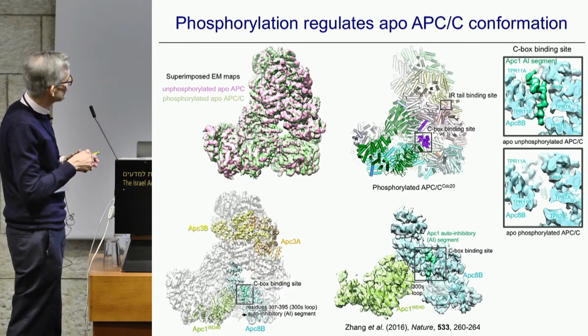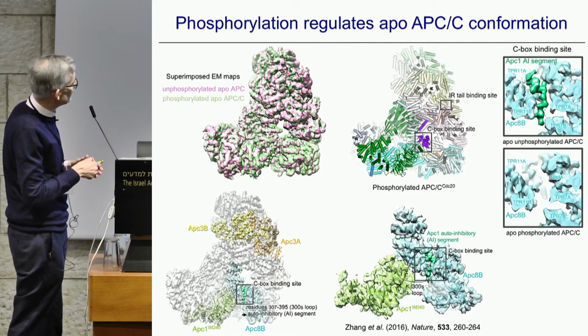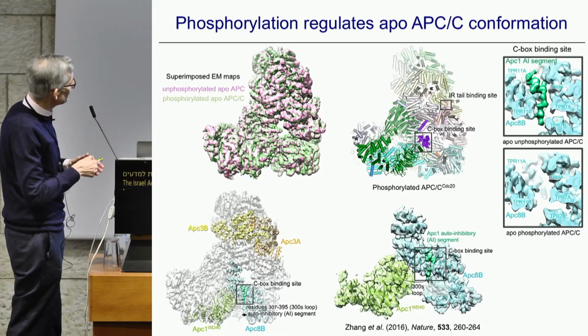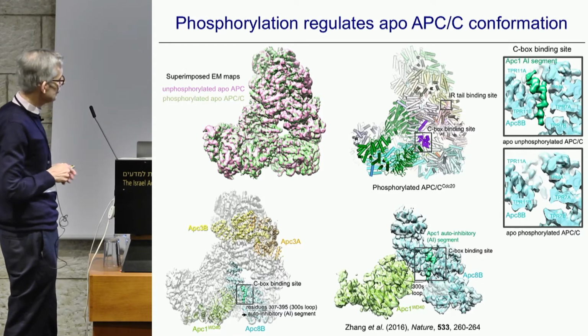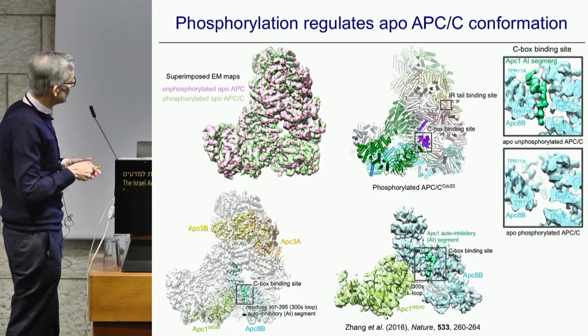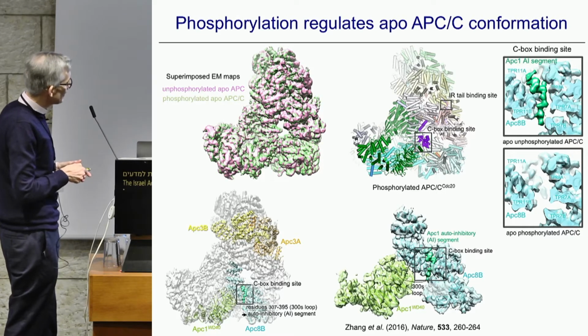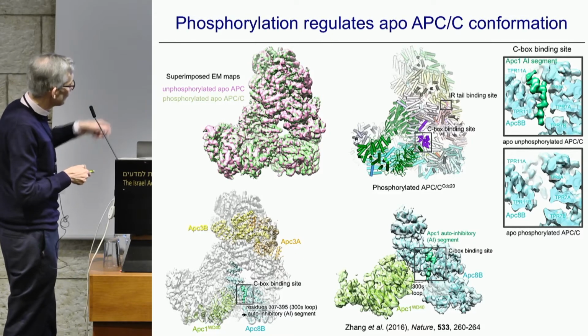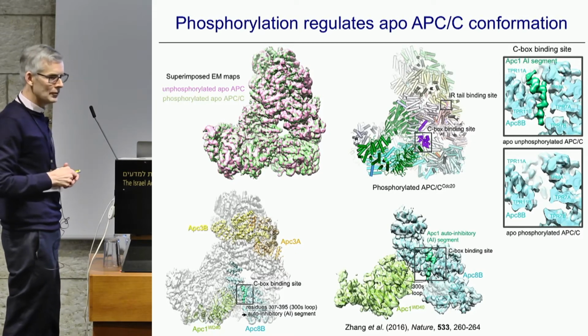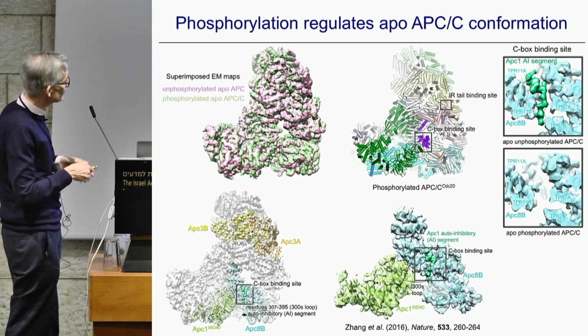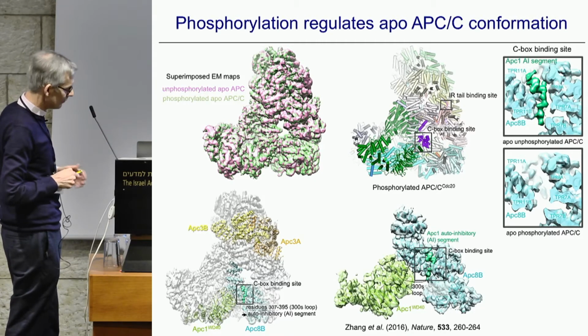So this again shows the C-box binding pocket in the APC-CDC20 complex, which is phosphorylated. And this pocket here is now occupied by additional density in the unphosphorylated apo APC structure, but not in the phosphorylated structure. And the proximity of this C-box binding site to the WD40 domain of APC1 and to this very long loop called the 300 loop suggested that this density might be a region of the 300 loop, which could then bind to this site and block the binding of the coactivator.